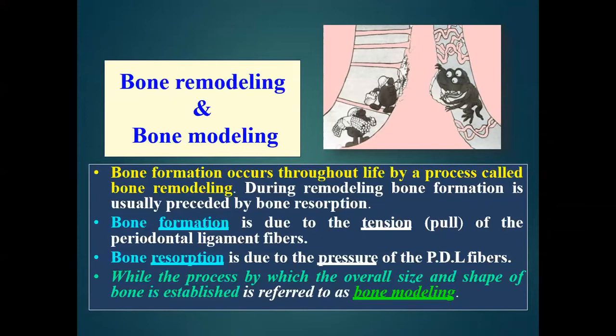The process by which the overall size and shape of the bone is established is referred to as bone remodeling. So we have physiological bone remodeling and pathological bone remodeling. In physiological remodeling, bone formation and resorption are in equal phase. But in a pathological condition, bone resorption will be very fast and bone formation will be very little.